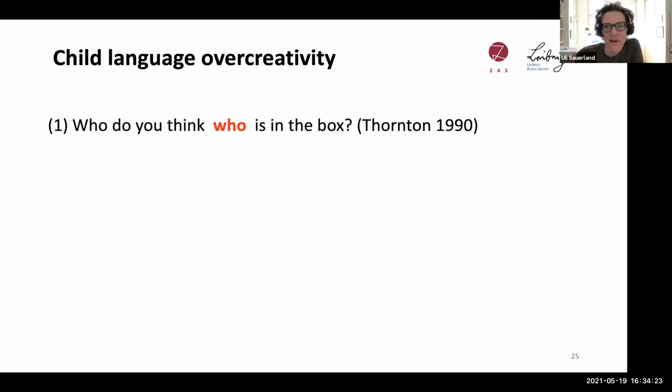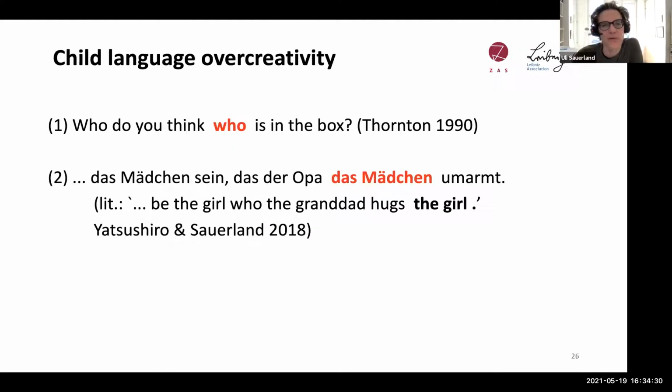A classical example of this in English is so-called intermediate WH, as in "who do you think who is in the box?" Another example, from work of Kazuhiro Tsushima and mine, but also found in other languages, is that in relative clauses, at least, sometimes the relative clause internal position is filled with a definite description.